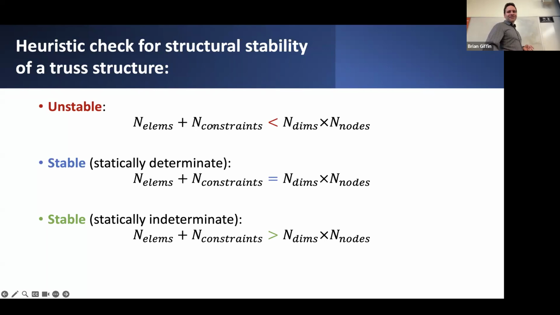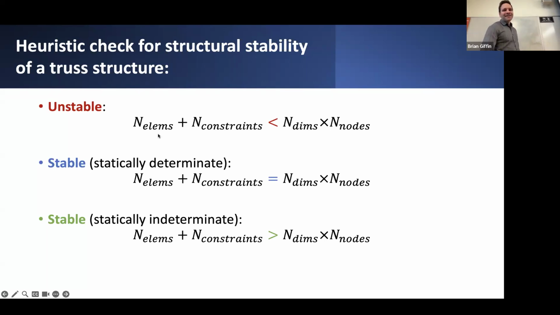The simple check that you do is to determine, on the left-hand side of this inequality, the total number of elements or members in your structure plus the total number of constraints. Nominally, if you're solving for the internal forces in a truss structure using basic methods of statics, then these are representative of the total number of solution unknowns in a statically determinate truss.